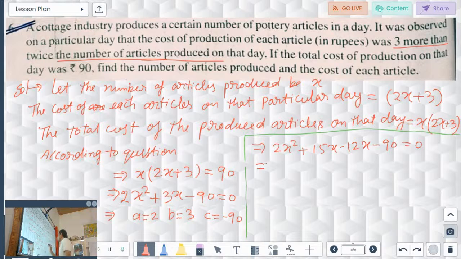So x is common, x into 2x plus 15, minus 6, okay, into 2x plus 15 equal to 0.